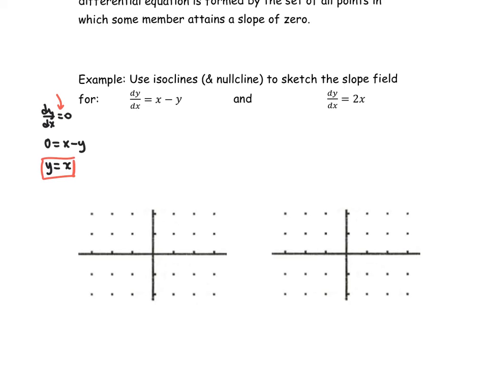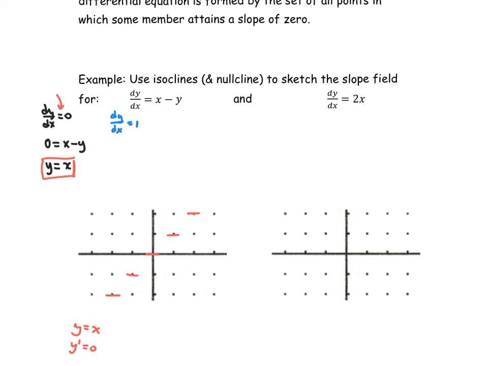So where would the line y equals x be? Well, it would be here. So I'm going to put slopes of 0 along this isocline y equals x. dy dx equals 0. Okay, let's look at another isocline. Let's determine the isocline dy dx equals 1. Okay, so where would the slope on this family of curves be equal to 1?